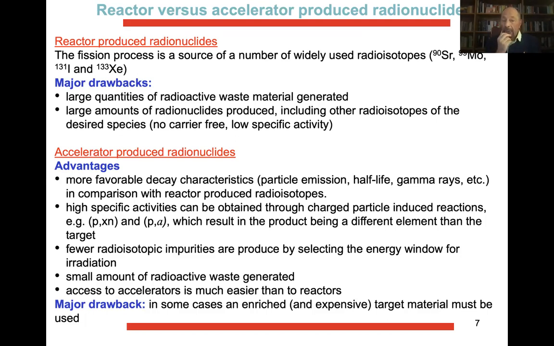For accelerators, of course, you have a lot of advantages, as listed here, but the major drawback in some cases is that an enriched target material must be used, and this can be very expensive. You have to produce special targets with enriched isotopes, and then you have to throw it away, so that you have to produce another one.